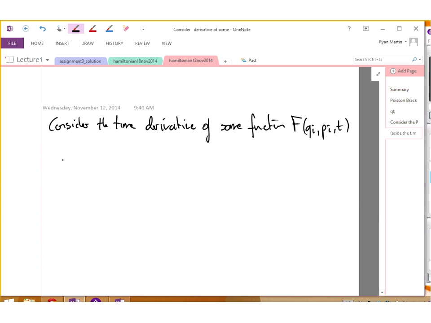Well, some function that you can calculate for the system. All right, so df by dt.